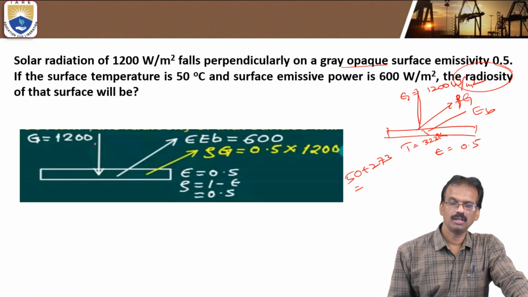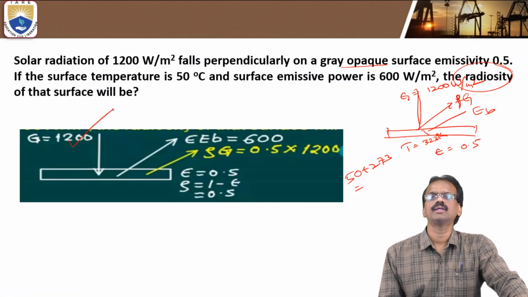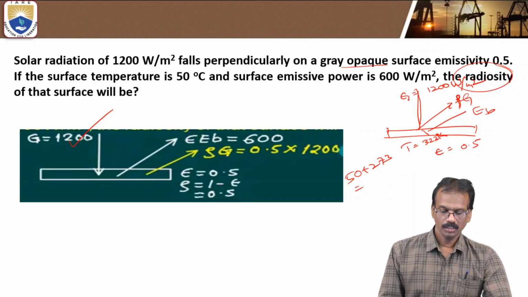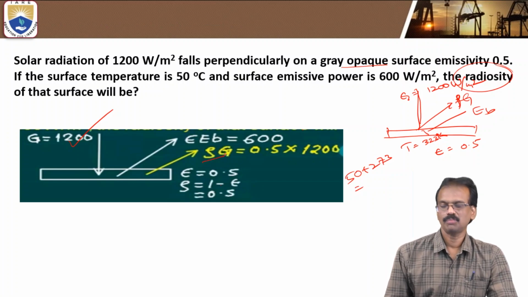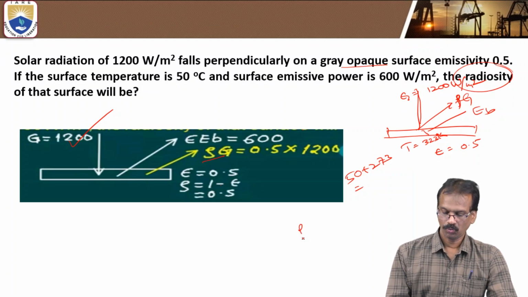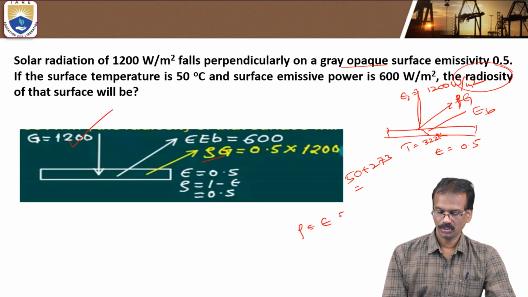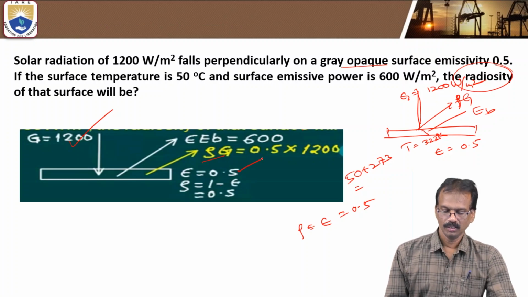This is the vertical falling radiation energy, 1200 watt per meter square. Next, rho. It means some portion will be reflected. Rho, according to Kirchhoff's law, is equal to emissivity. This one is equal to 0.5.